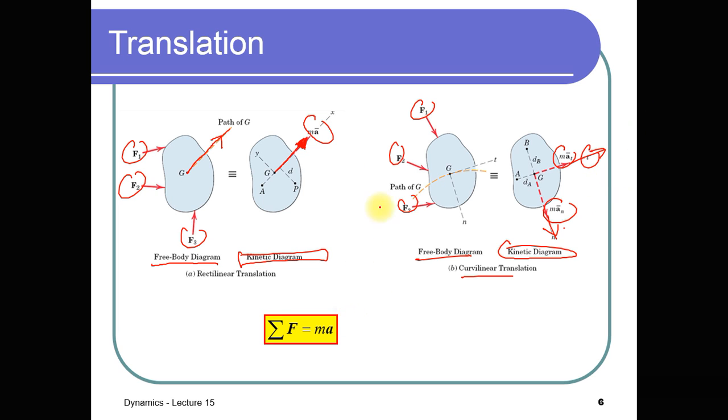According to Newton's second law, the total force acting in both situations is equal to MA. And we can relate the total moment at point G, let's say we put point G over here. The total moment at point G is equal to 0.